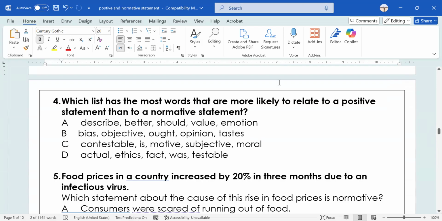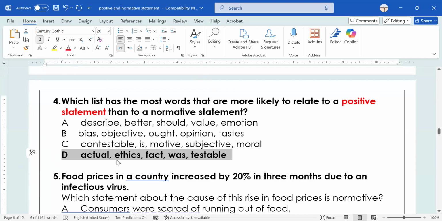So we are going to identify which group of words has positive statement words. This one is really easy because the answer here is letter D. When we say actual, it refers to something that is real.